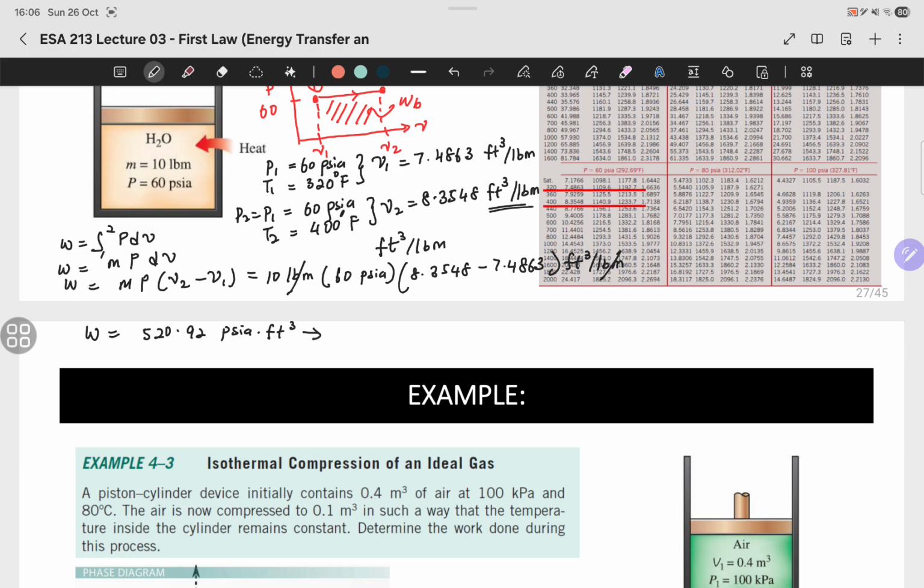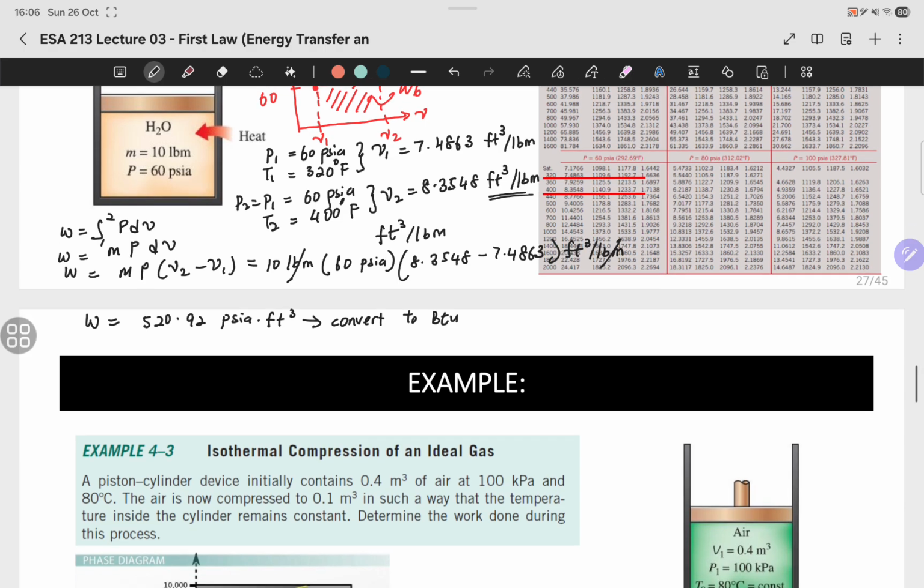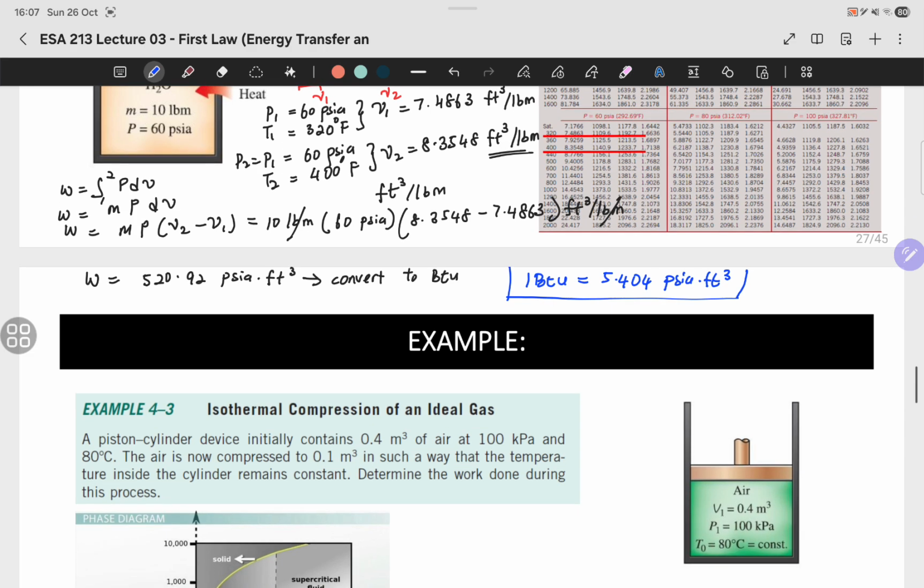You have to convert to BTU. How to convert to BTU? This is how you convert: 1 BTU equals 5.404 psia dot feet cubed. This is already given.